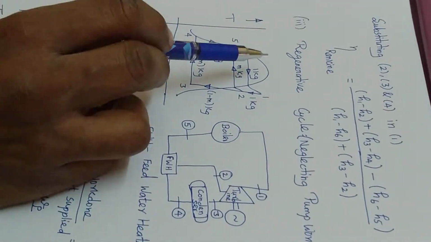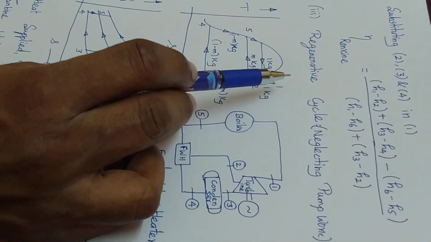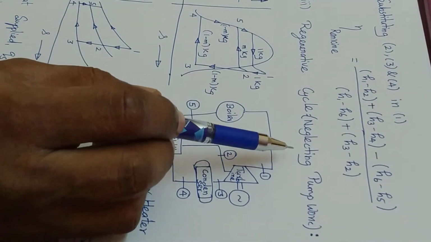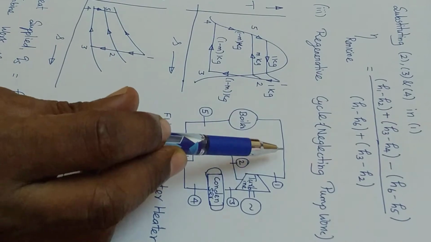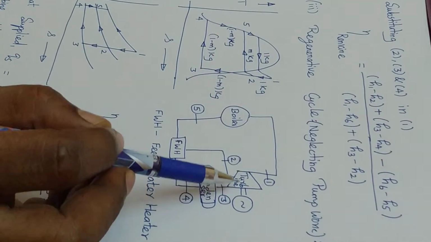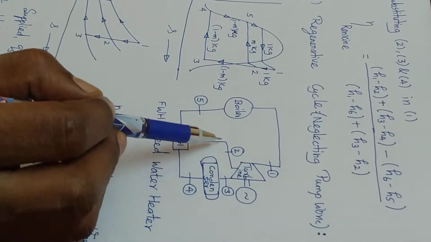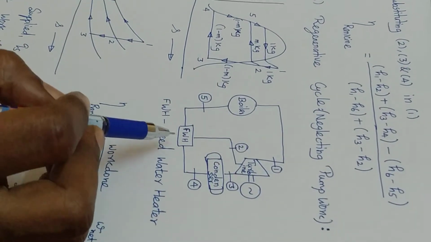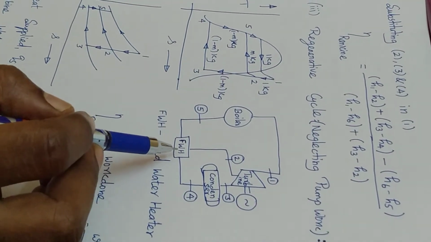The third cycle is called a regenerative cycle. Here, usually during a regenerative cycle, we neglect the pump work. So here, from the boiler, steam is supplied to the turbine. During expansion in the turbine, some amount of steam is taken for feed water heating or condensate heating. This is called regeneration.